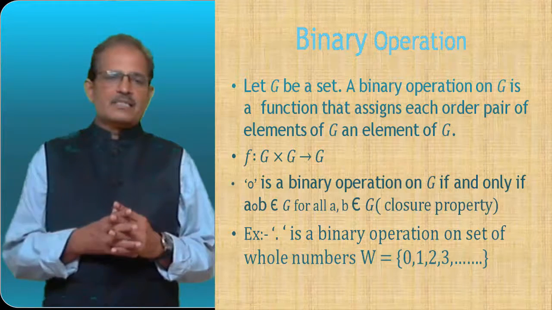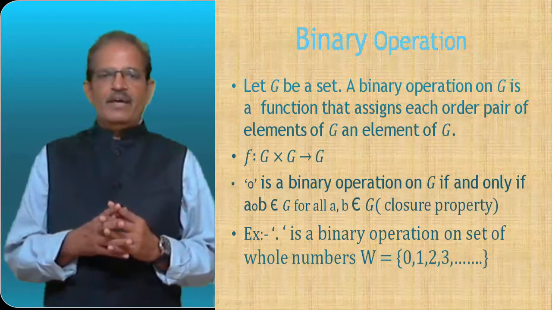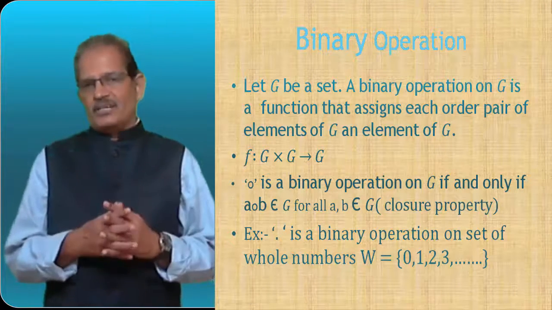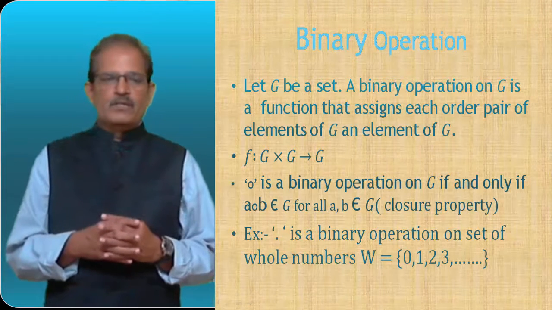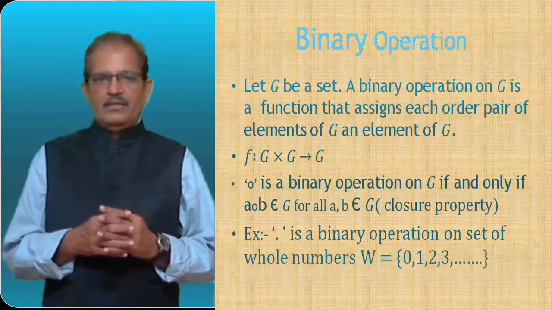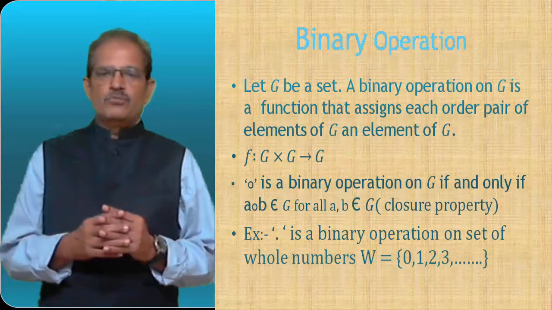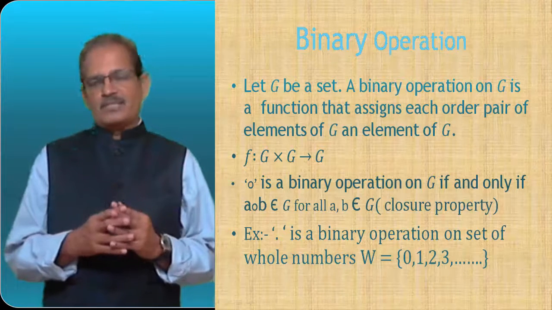Now I will discuss some specific sets and what the binary operation is there. For example, dot. Dot means usual multiplication. Dot is a binary operation on set of whole numbers. So you must be knowing what are whole numbers.